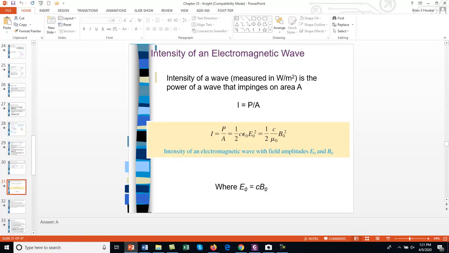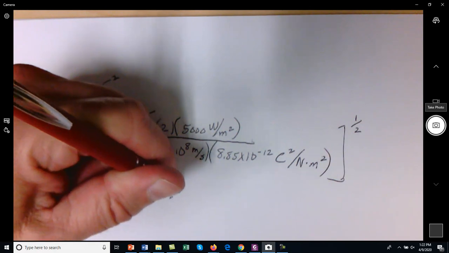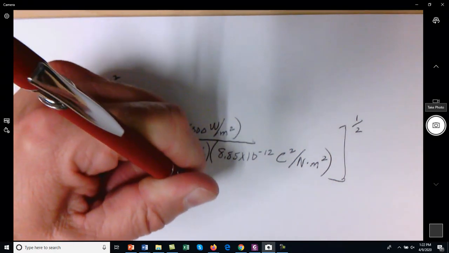So I is equal to 1/2 C times B naught squared over mu sub 0. But we also know that E naught equals C B naught. Okay, so E is equal to speed of light times B naught.